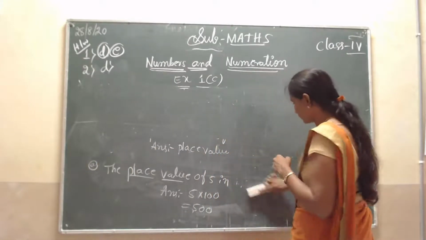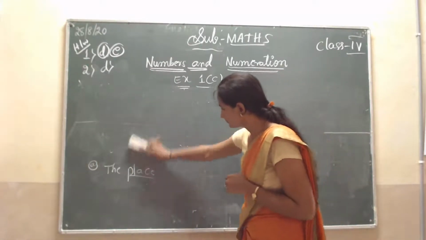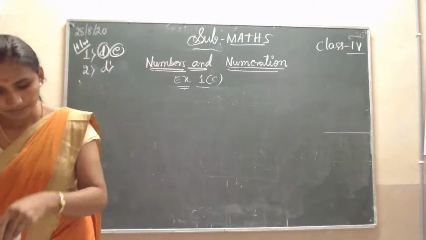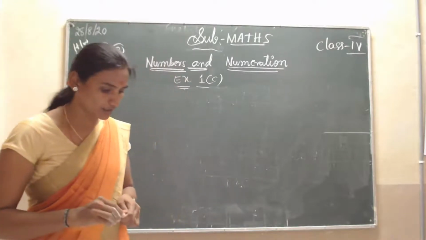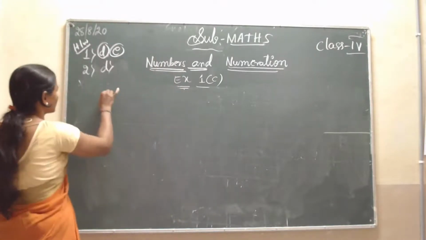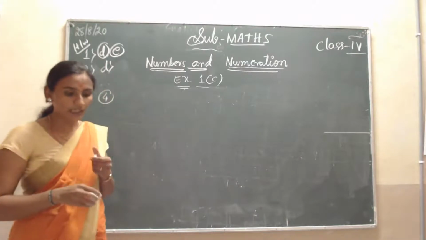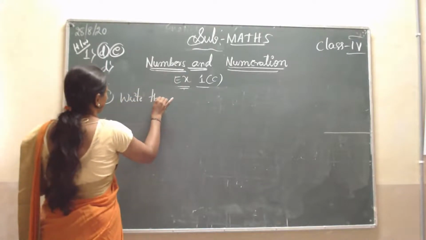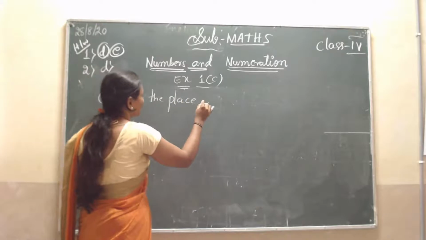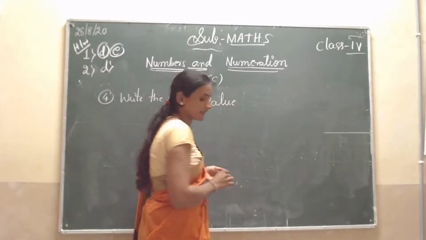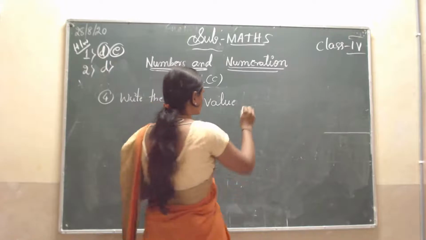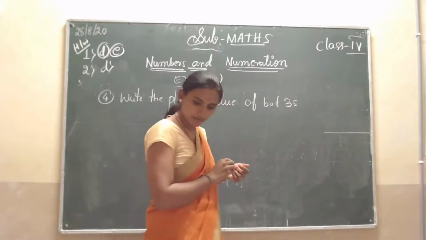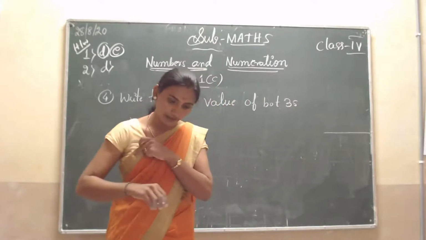So now I will solve the fourth main. Yes, let us see the fourth main. Very easy. So fourth main: write the place value. Write the place value of both 3s in the number.